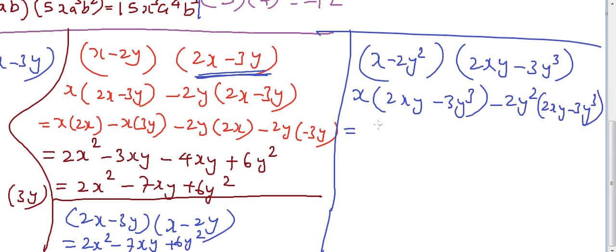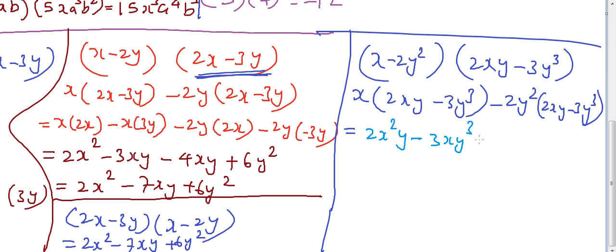So what do you get? Let's skip this step, we will multiply directly. x into 2xy is 2x square y, and here the signs are different, x and minus 3, so it will be minus 3xy cube.